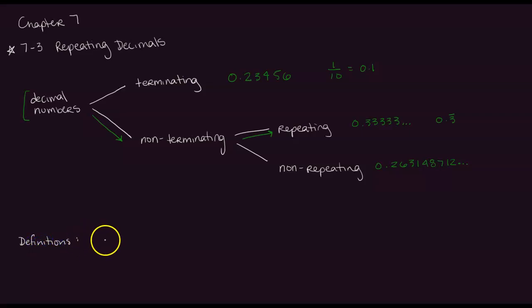First is that we're going to have a new word in our vocabulary called the repeatend. The repeatend is the string of digits that repeats. Our book calls it repeating block of digits.